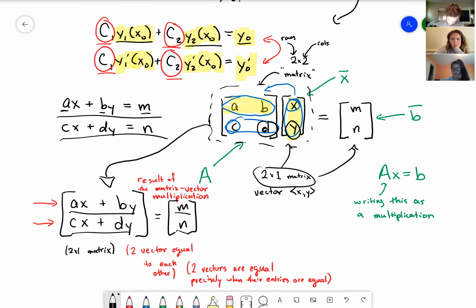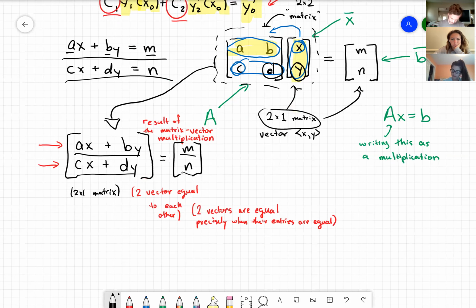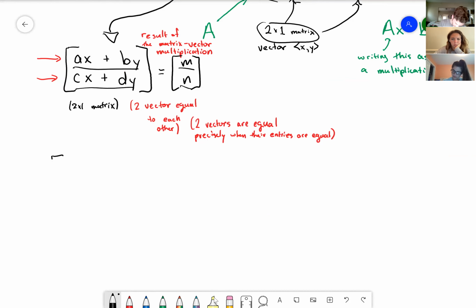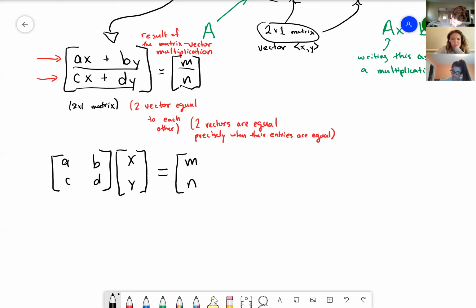Okay, so we can summarize a system of linear equations with this matrix. Sorry, things are getting a little busy. I should just write it again. This matrix A, B, C, D. Then our variables x, y, and then our right-hand side.